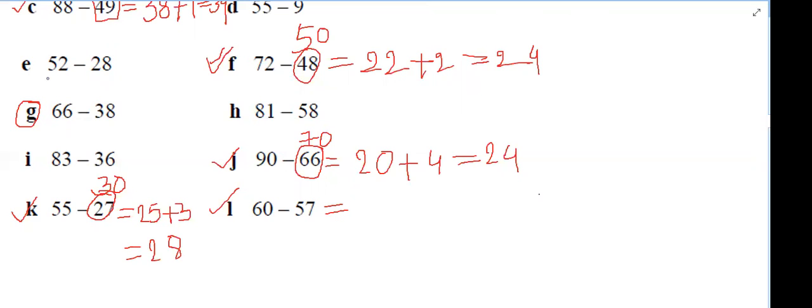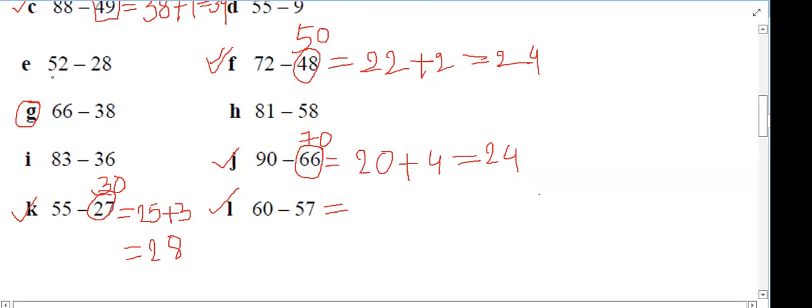Sir, 54 minus 30. Now it is easy to subtract. Tell me, the result is 24. Sir, I don't know about easiness, but the answer is 24.